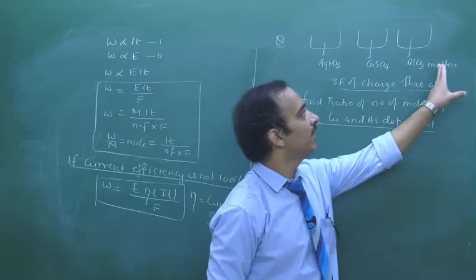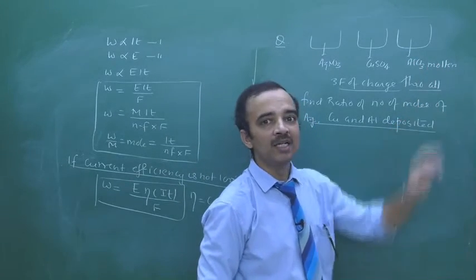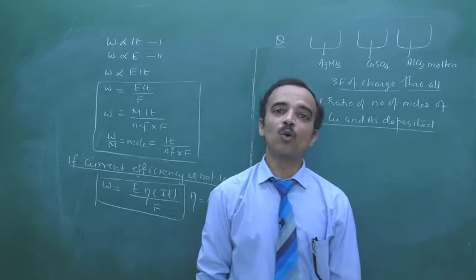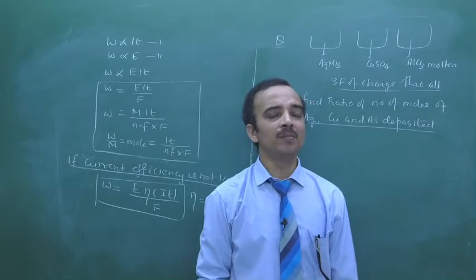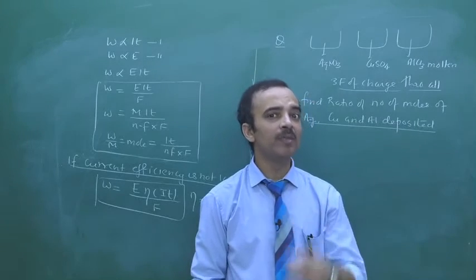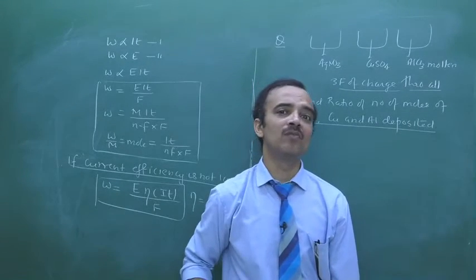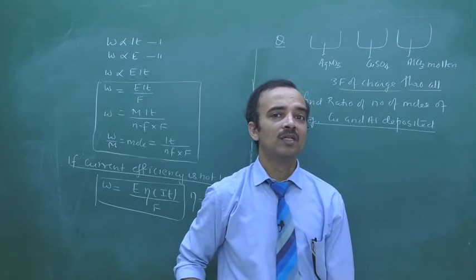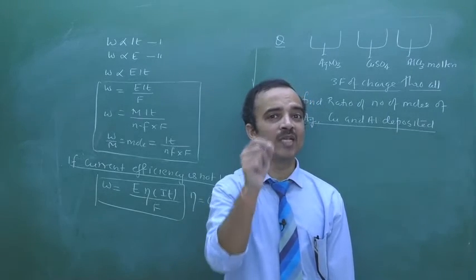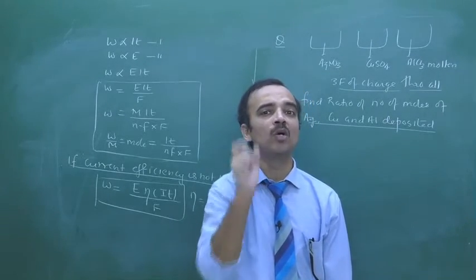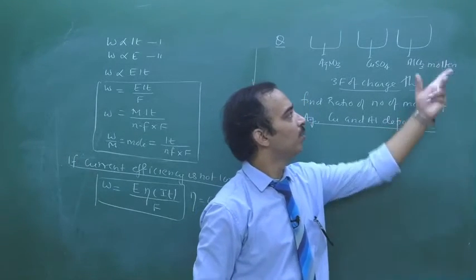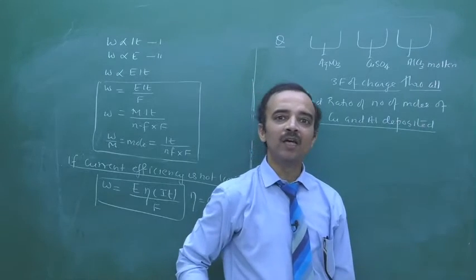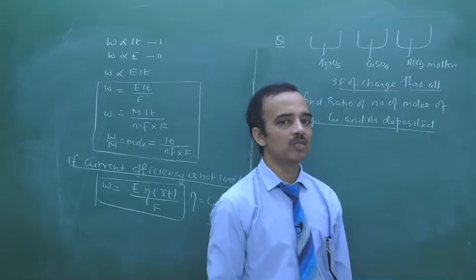Like if we have taken aqueous AlCl3, then in a competition between H2O and Al3 plus, we will say H2O will be reduced and Al3 plus ion will not be reduced. Therefore in such case we have to write 0 corresponding to Al. Now since here we have taken molten AlCl3, therefore Al3 plus will be reduced.